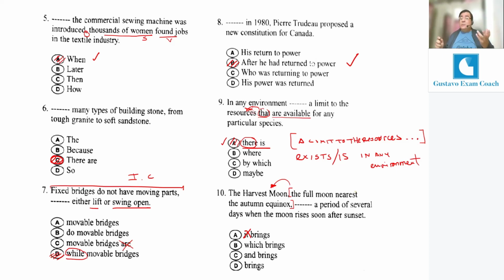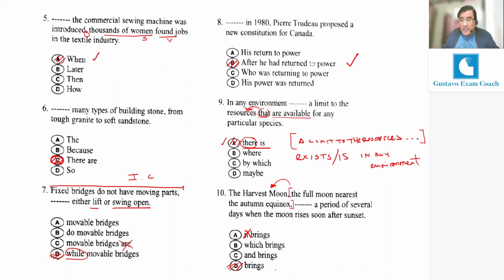What is the action that describes what this harvest moon is or is doing? And brings would mean that before it there is a complete independent clause, but there is not. The harvest moon, the full moon nearest the autumn equinox, is not a clause even. So this leaves us with option D. Brings. The harvest moon brings a period, and thus the harvest moon brings is our independent clause, embedded in which there is this other subordinate clause, when the moon rises, right?